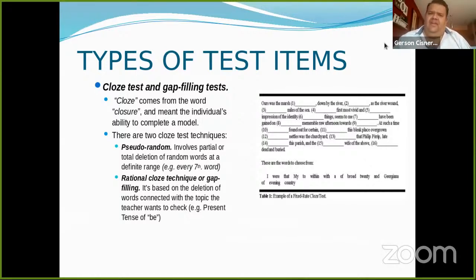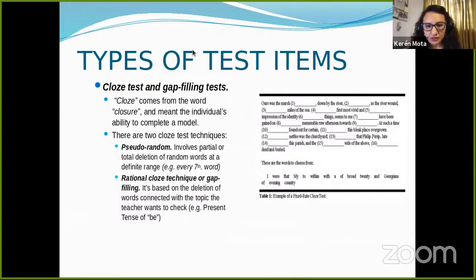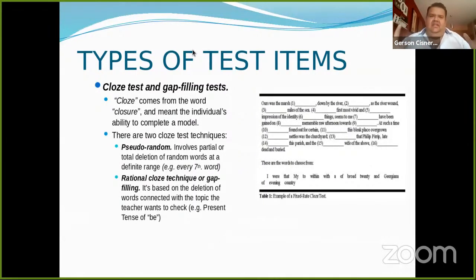So the cloze test, or gap filling test, or fill in the blanks, has two types: pseudo-random or rational. Pseudo-random is, for example, every fourth word I delete and students complete it, or I just take any word, eeny meeny miny mo, and delete it.